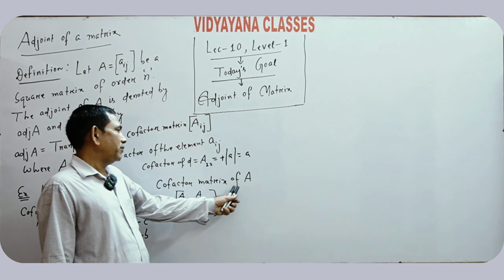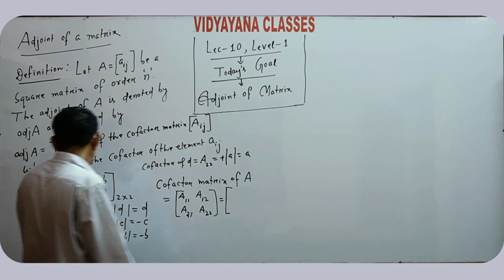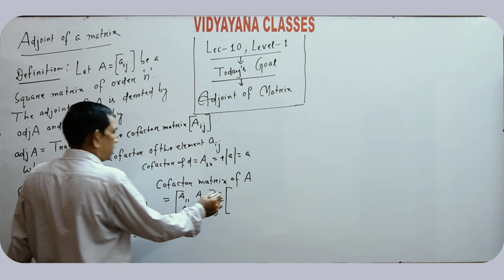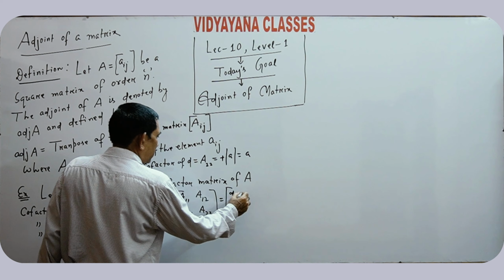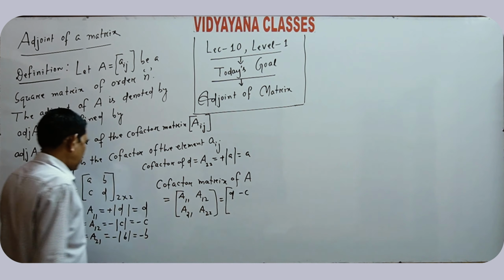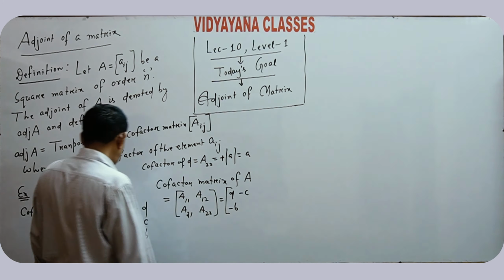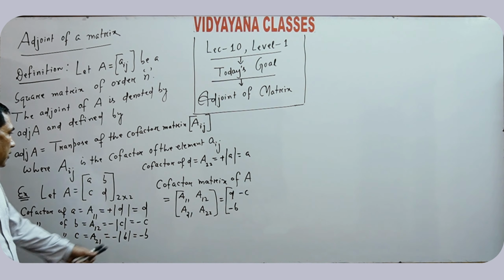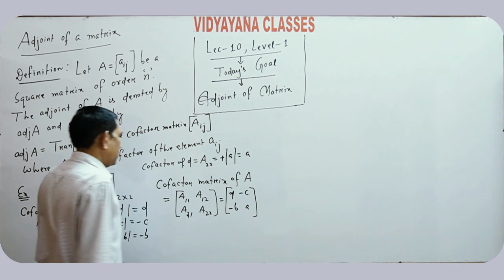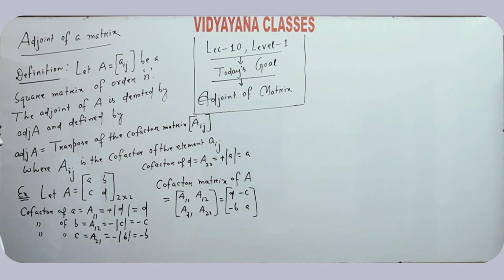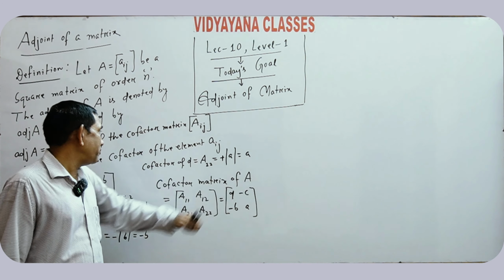Cofactor matrix of capital A. A11 is d. A12 is minus c. A21 is minus b. And A22 is a. Clear?